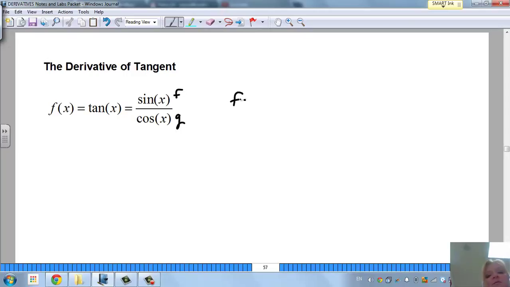So f would be sine of x, f prime would be cosine of x, g is cosine of x, g prime is going to be negative sine of x.